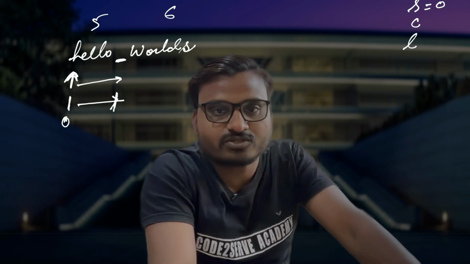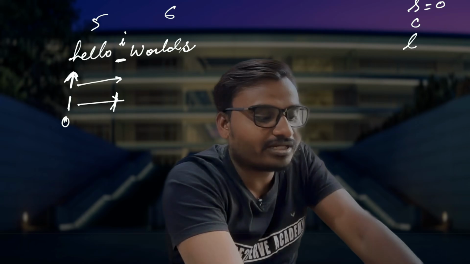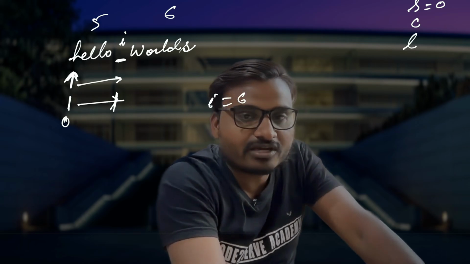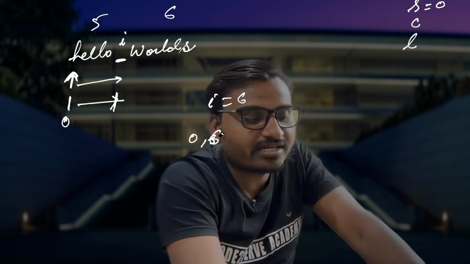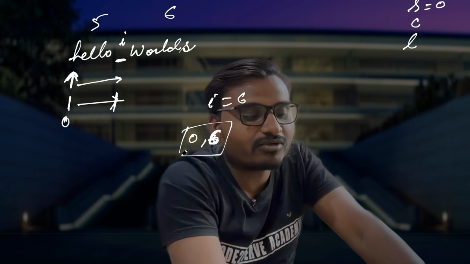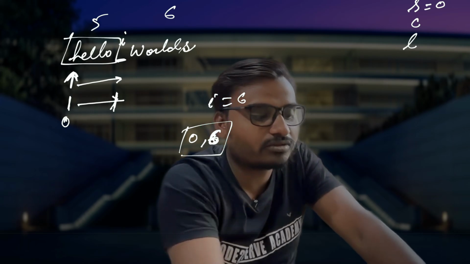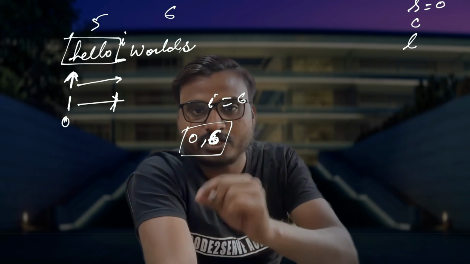Suppose the white space i is at position 6. If I do substring from 0 to 6, I will get the word from 0 to 5. That means I will get hello. Now if I get hello from a substring, then I can apply dot length.